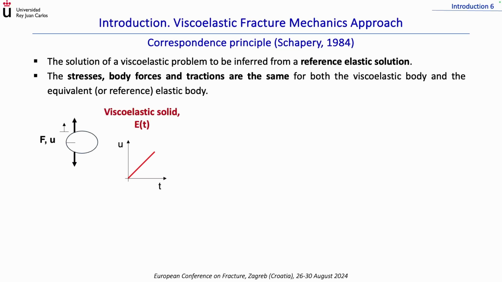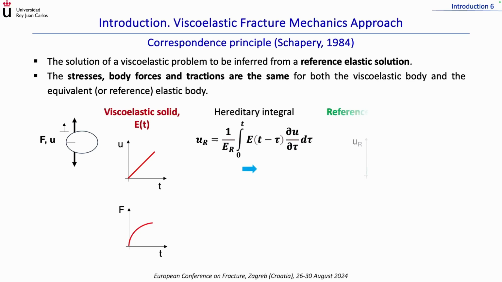So if a viscoelastic solid is subjected to a displacement history, for example, at constant rate, the load will be nonlinear because of the relaxation of the material. But by applying the constitutive equations of the viscoelastic material, we can calculate the displacement that must be applied to the reference elastic solid to obtain the very same load evolution as in the original material.